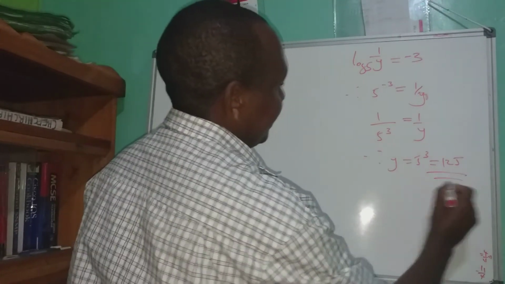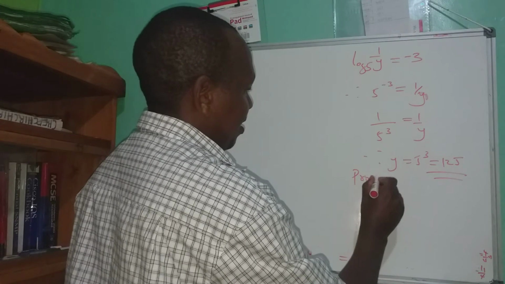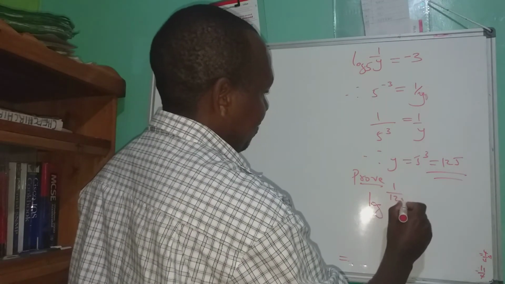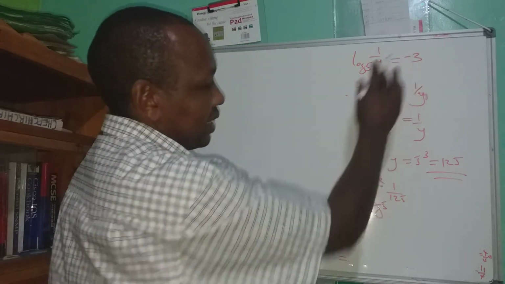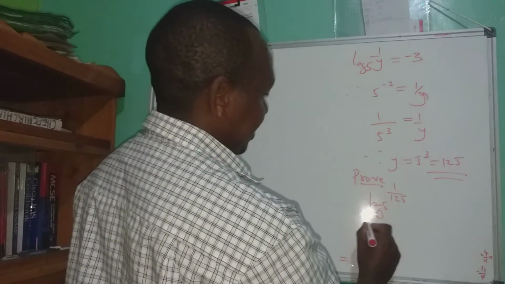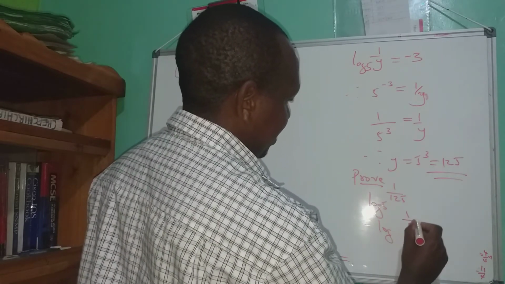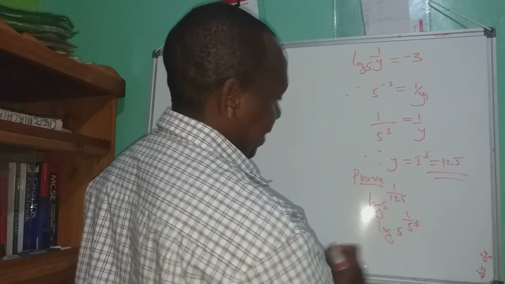You can prove that by having logarithm of 1 over 125 to base 5 and see whether we can get negative 3. So this is the same as logarithm of 1 over 5 raised to 3 to base 5.